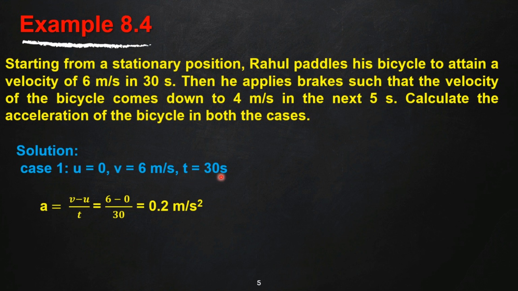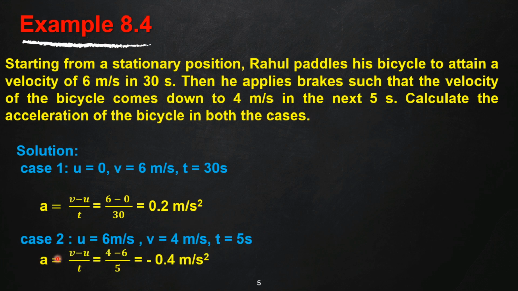Time is 30 seconds. Let us calculate acceleration. So we have the formula a is equal to v minus u upon t. Acceleration is equal to change in velocity upon time, equal to 6 minus 0 upon 30, which comes out to be 6 upon 30, equals 0.2 meter per second square.